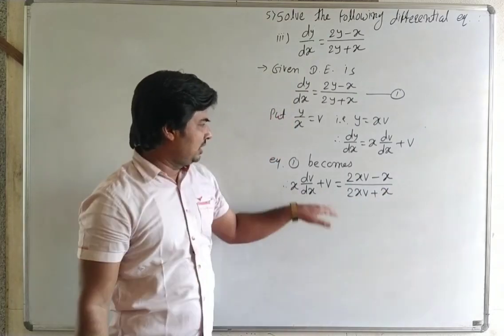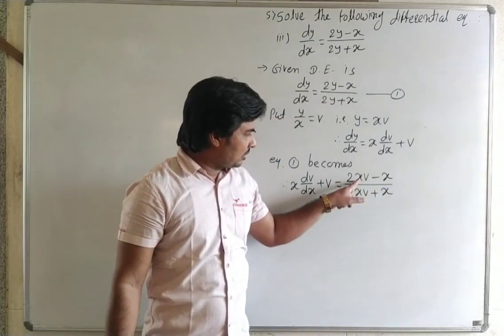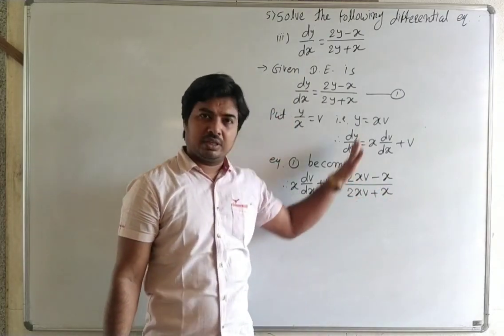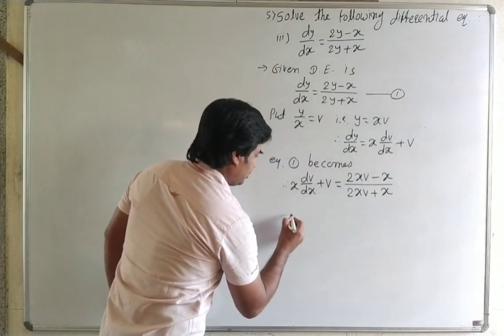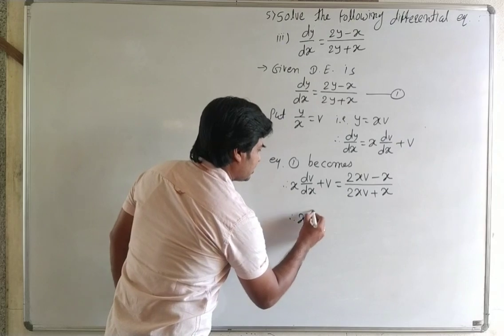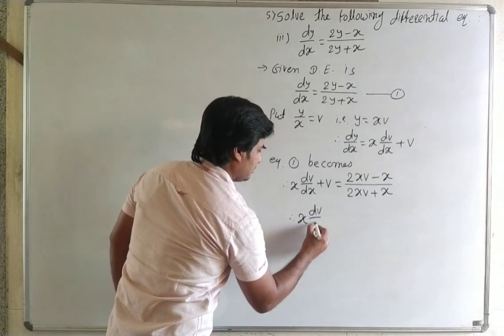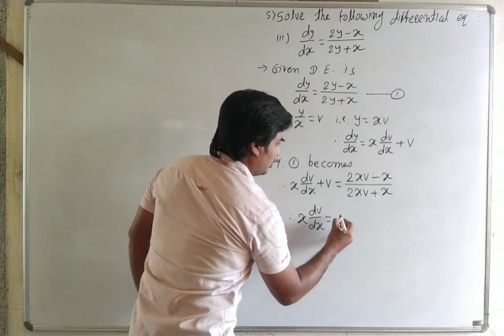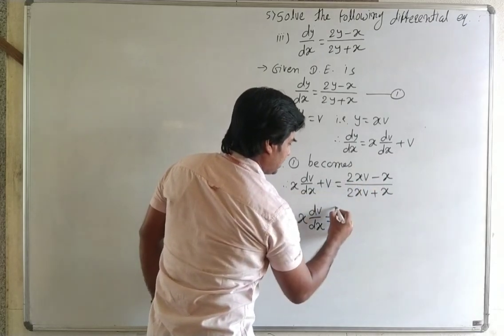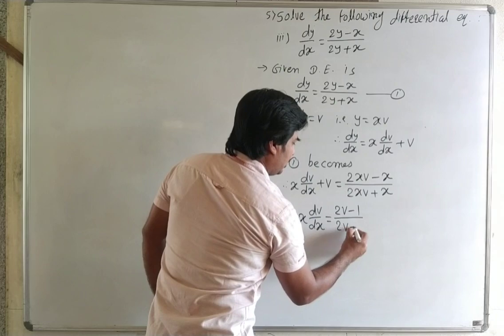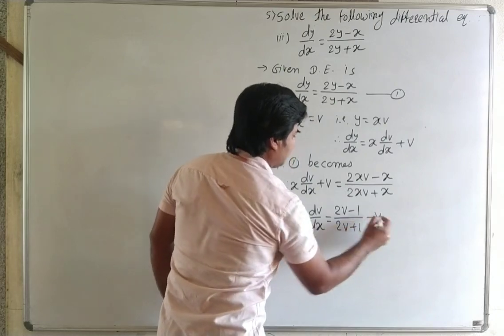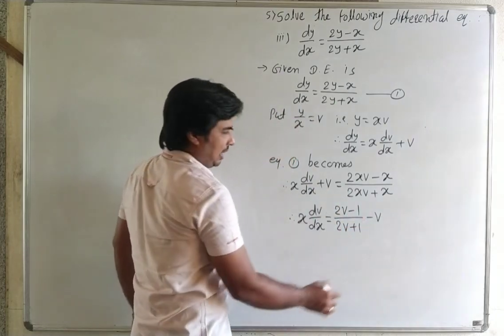And now in this take x common, and x cancels, and this v we can write here. Therefore we get the equation x dv by dx is equal to, here x taken common and cancelled, 2v minus 1 upon 2v plus 1, and minus v, this v we can write with the minus.